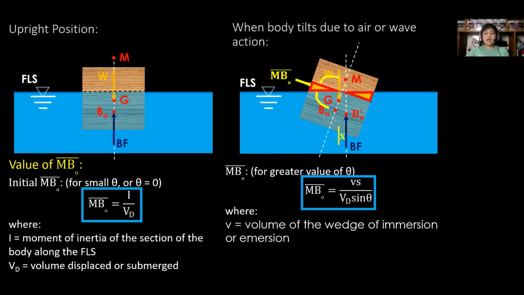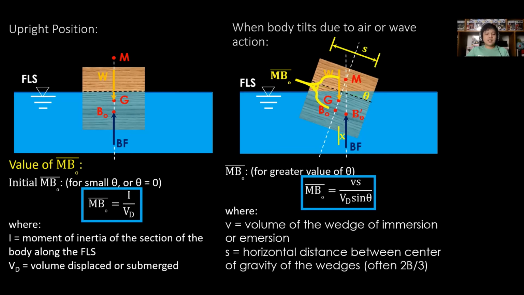Anyway, most likely the immersion and the emersion volume are equal. Immersed portion is the portion originally exposed to the atmosphere, then submerged due to tilting of the body, while emersed portion is the portion originally submerged, but due to tilting, it is exposed to the atmosphere.